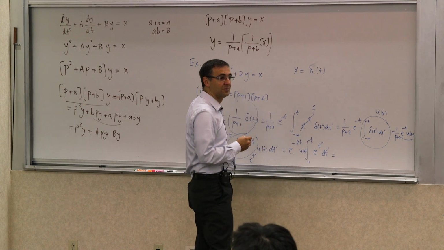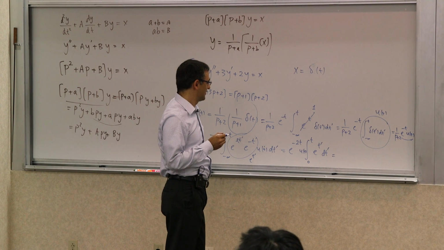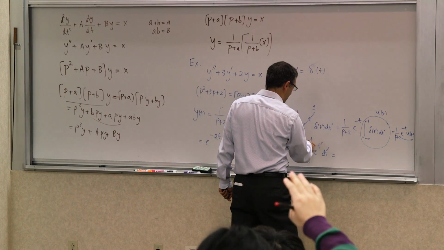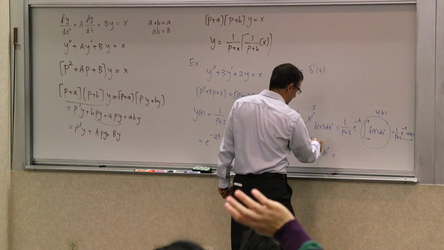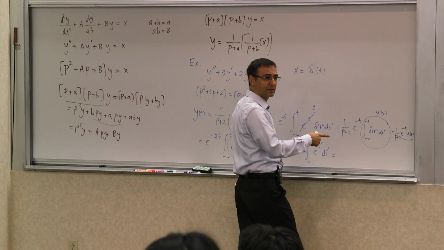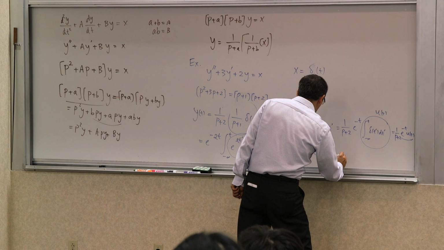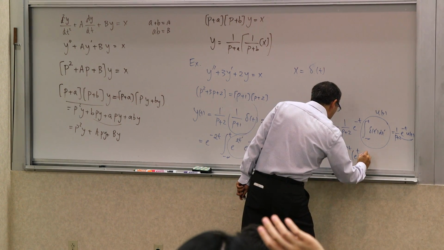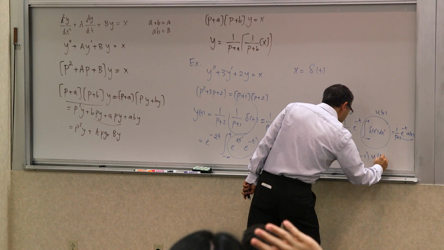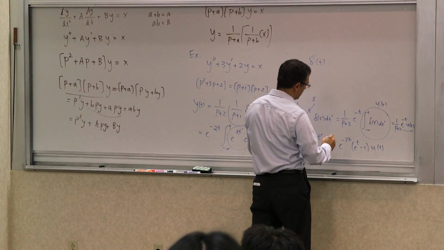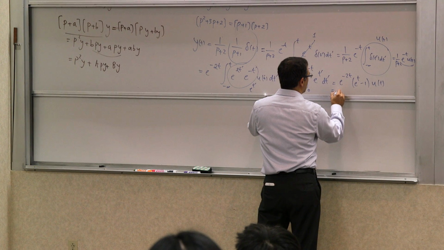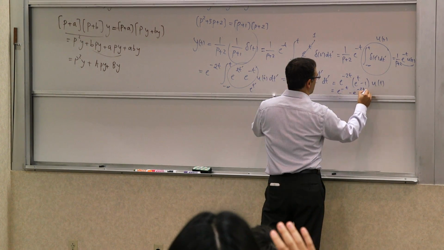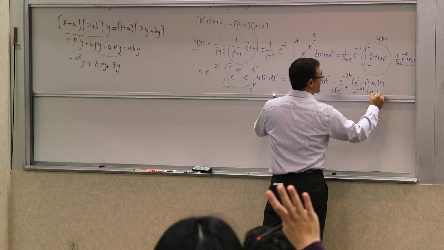What is this integral? E to the t minus 1. You get e to the t for this, and you get minus 1 because the indefinite integral is the same function. So you get e to the negative 2t times e to the t minus 1 u of t, which is e to the negative t minus e to the negative 2t u of t.